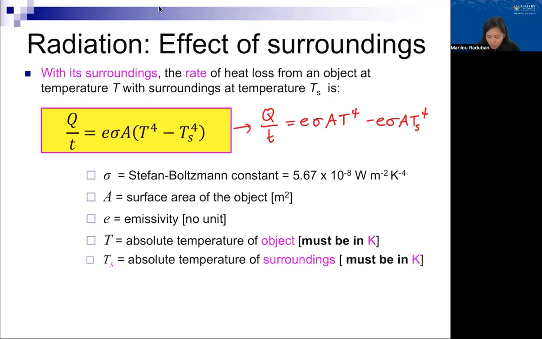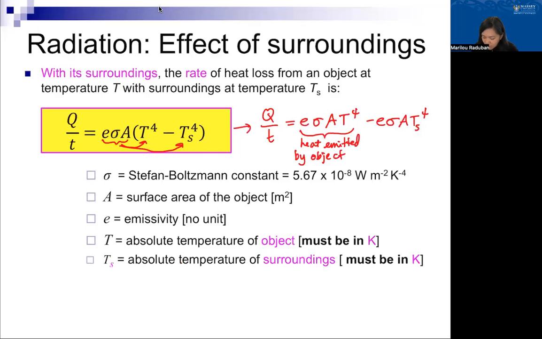Right? Distributing this term to each part of the bracket, we can expand that equation into this form. The first part of the equation, we've seen in the previous slide. This is the heat lost, heat emitted by the object to its environment.